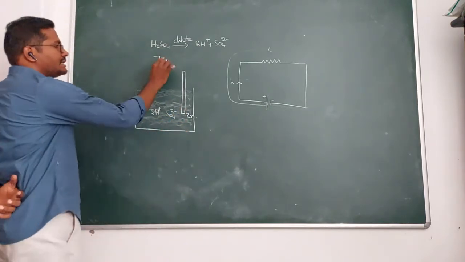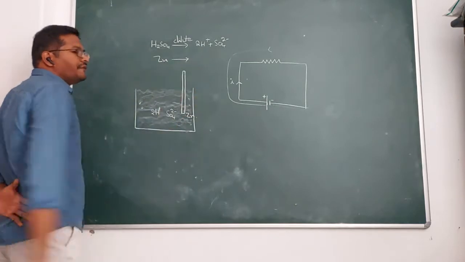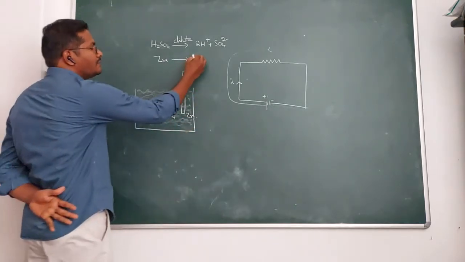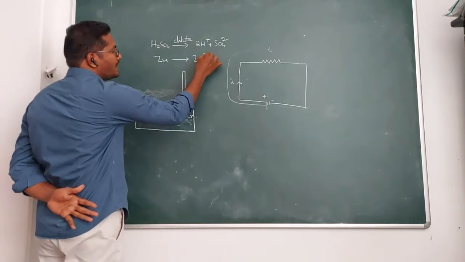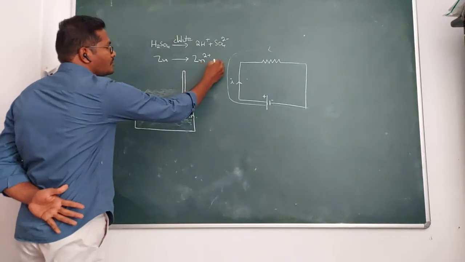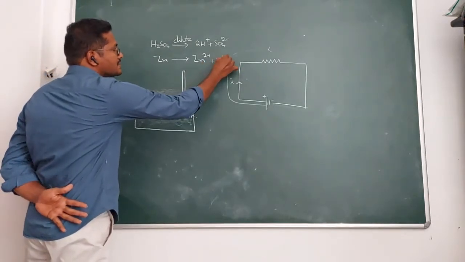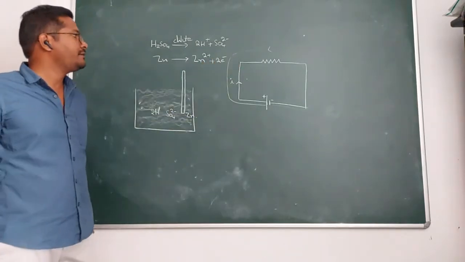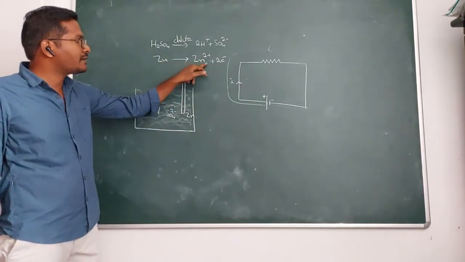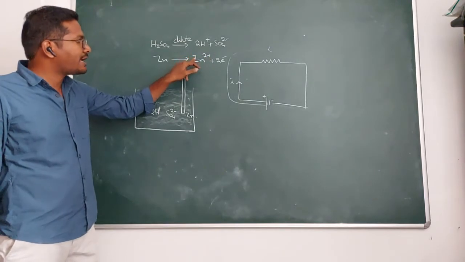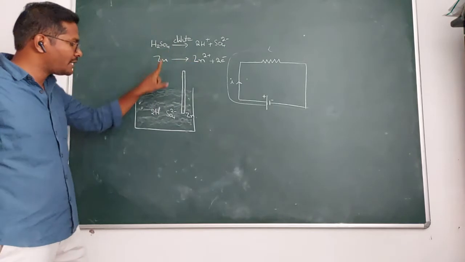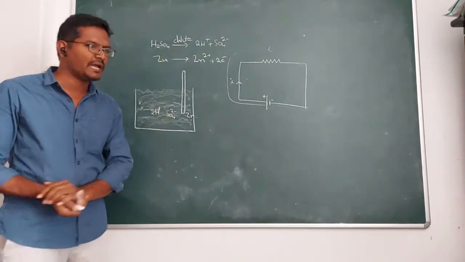So this zinc will become a positive ion, Zn2 plus. As it becomes Zn2 plus, it loses 2 electrons. Why does it become Zn2 plus? Because this Zn2 plus will mix with SO4 2 minus.